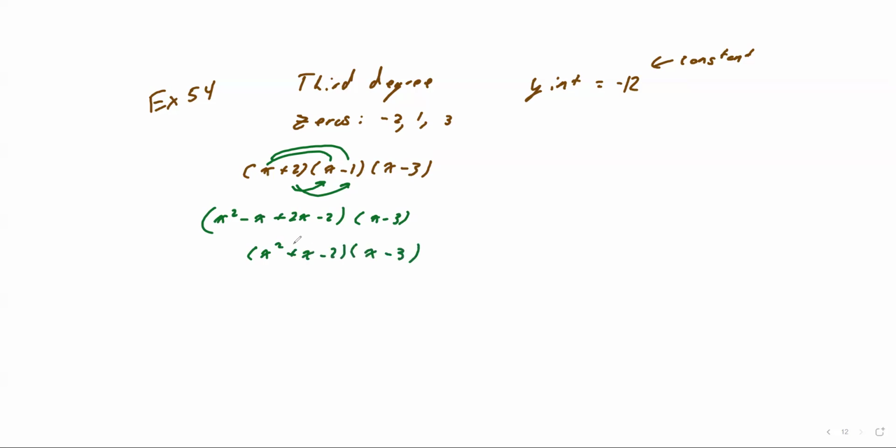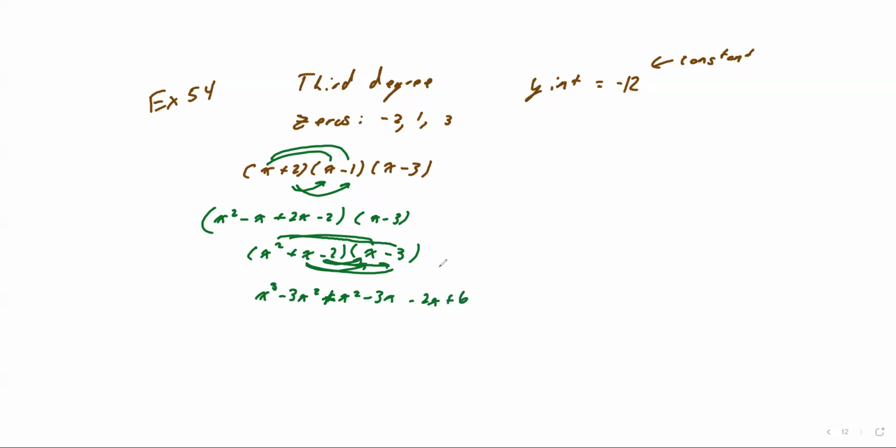And now let's distribute again. x squared times x, x cubed. x squared times negative 3, negative 3x squared. x times x, x squared. x times negative 3, negative 3x. Negative 2 times x, negative 2x. Negative 2 times negative 3, plus 6.